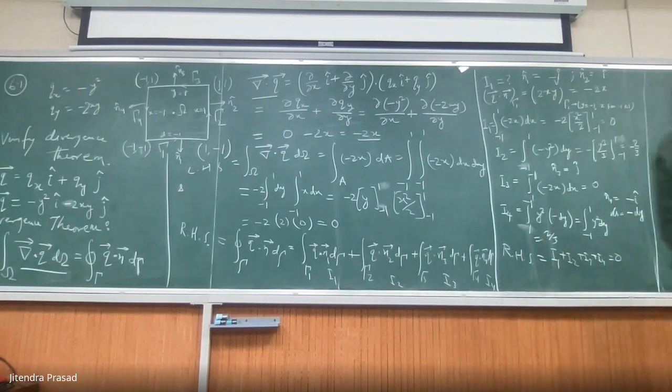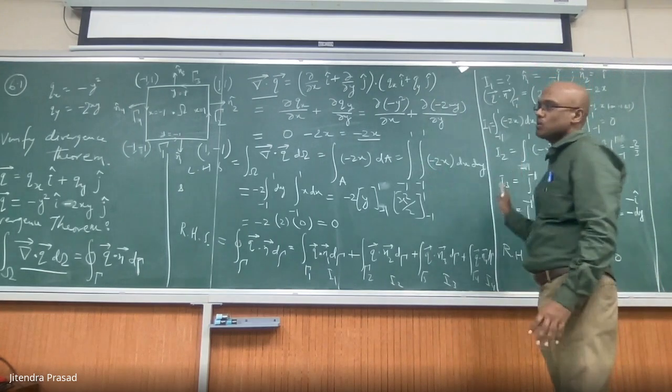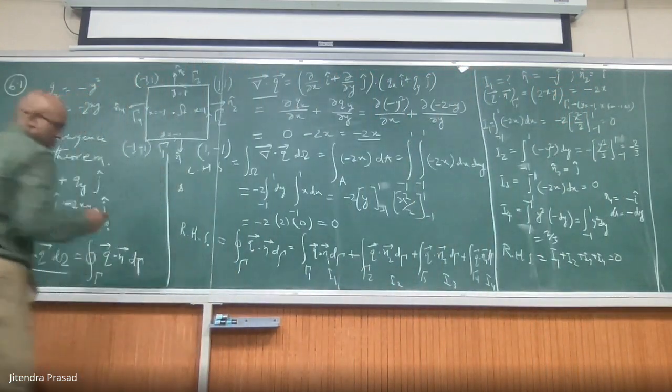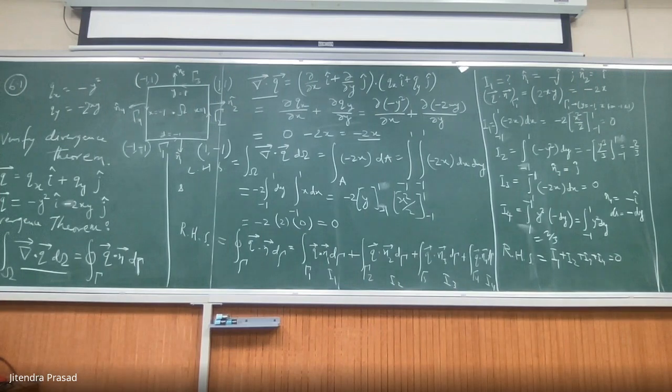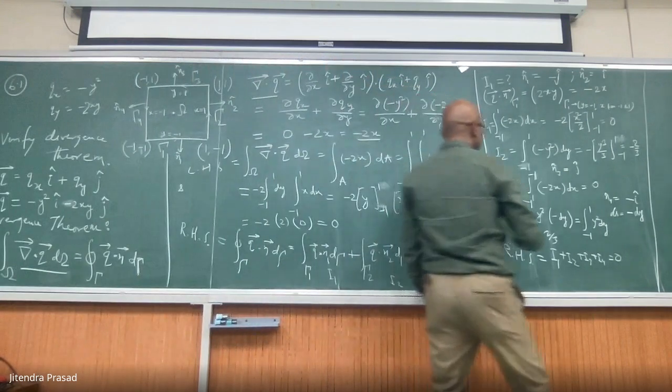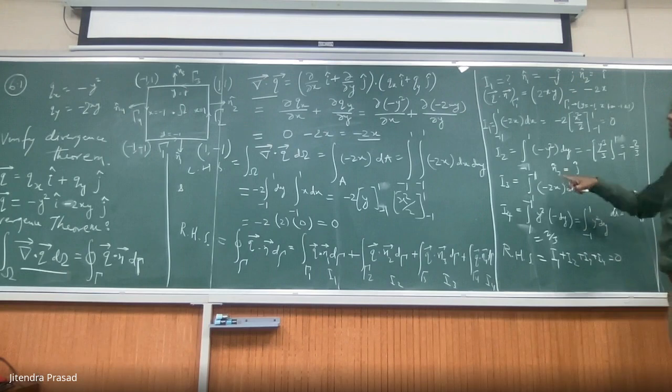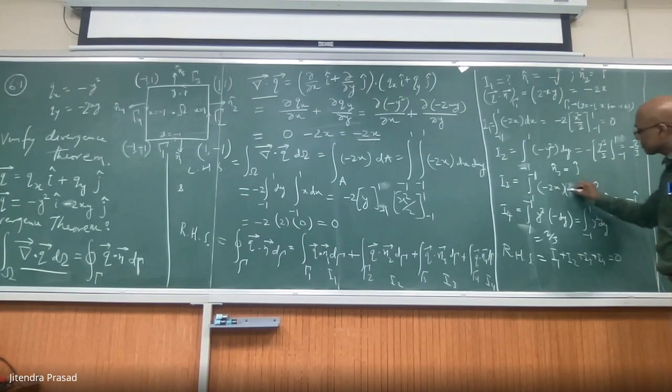If you see the different kind of elements that we are going to use, we will have to integrate this way. So this example shows you where you have to be careful. So here also you have to do minus dx basically. I3 also it will be minus dx. Like this.